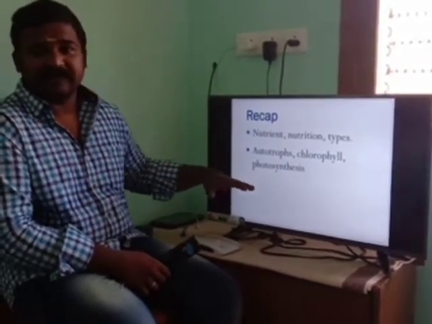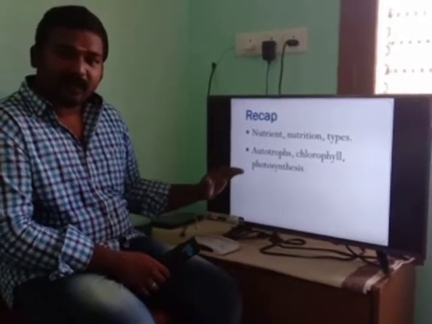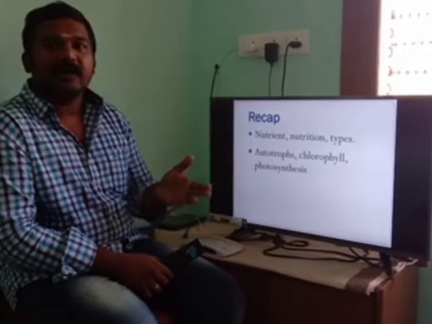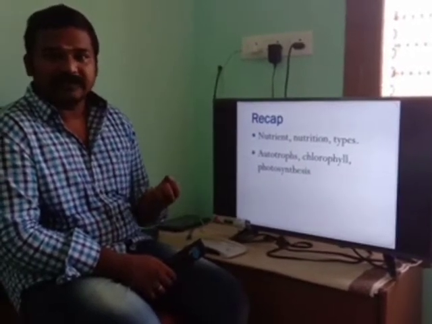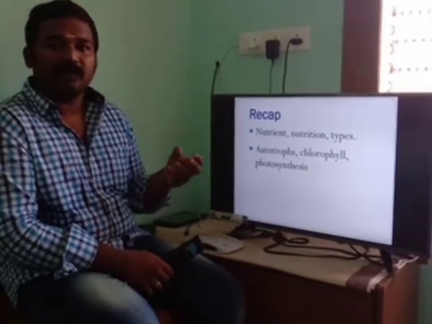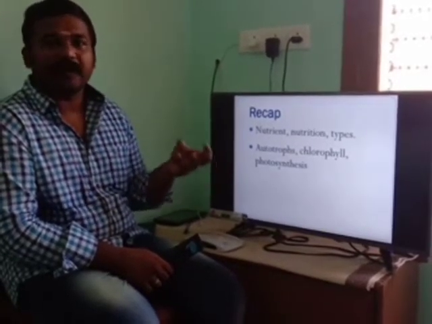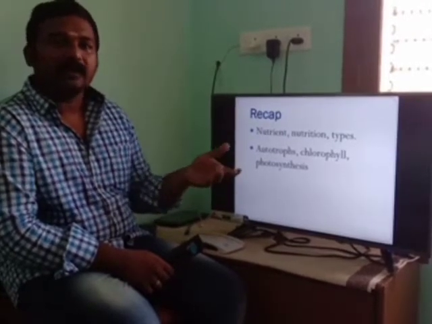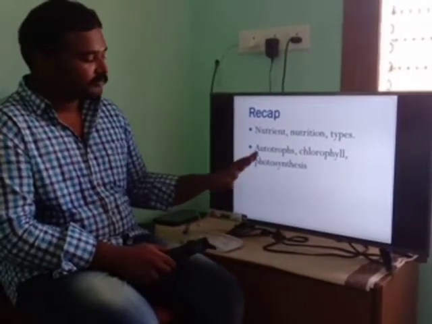Then photosynthesis. Photosynthesis is the process in which the green plant absorbs the solar energy and prepares its own food by using carbon dioxide, water and minerals to produce glucose and oxygen.